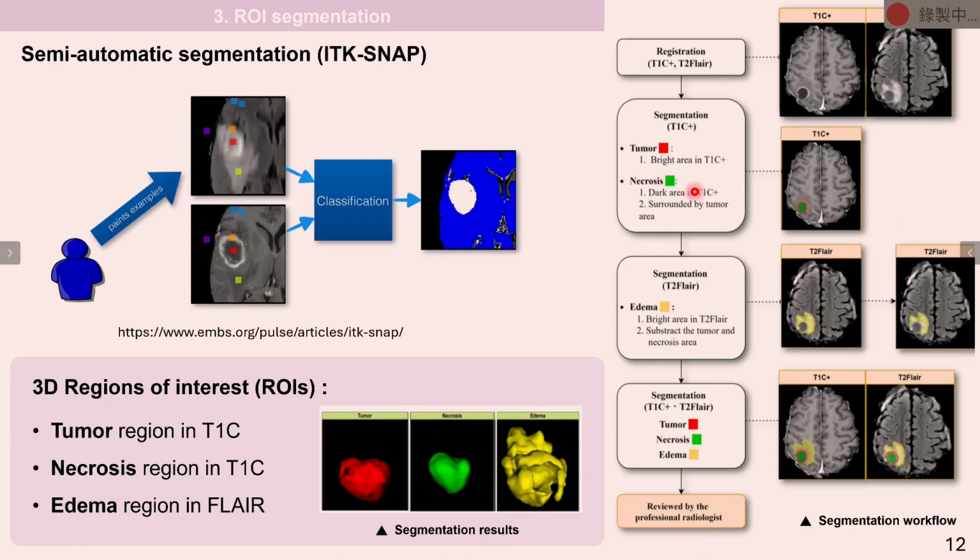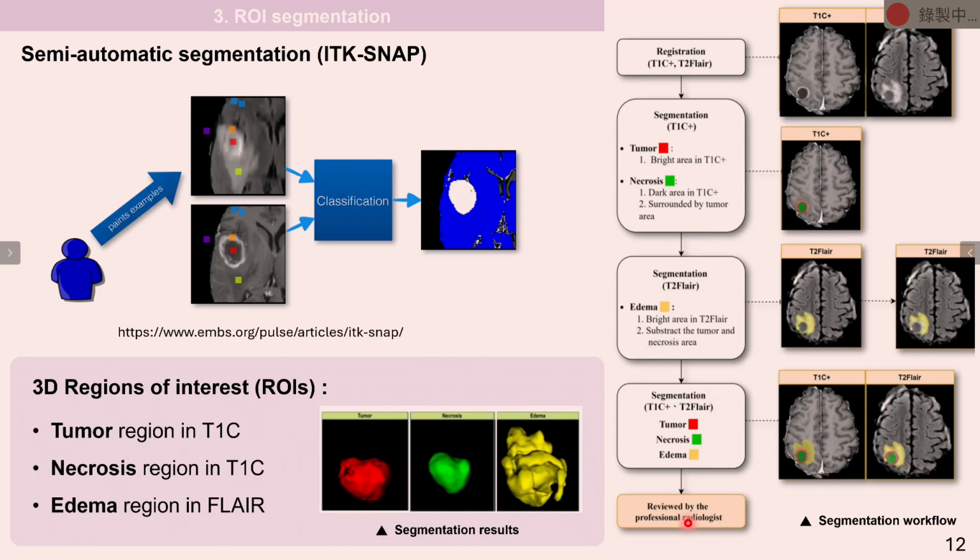The bright area represents the tumor, and the dark area is necrosis, usually surrounded by the tumor area. And next, we use FLAIR to segment the edema region. And the final ROIs are verified by professional radiologists.